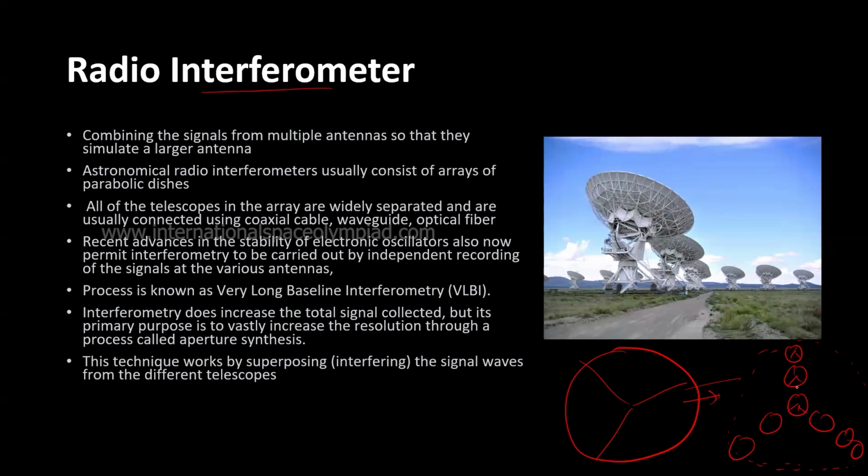Now, using radio interferometry, we can get the signals. Imagine there is a control center here. I can get signals from each of the dishes, combine them together using some technique, and actually use them as an entire telescope.